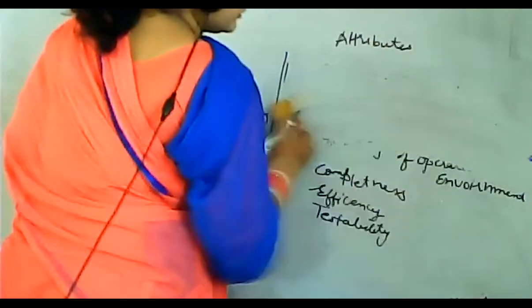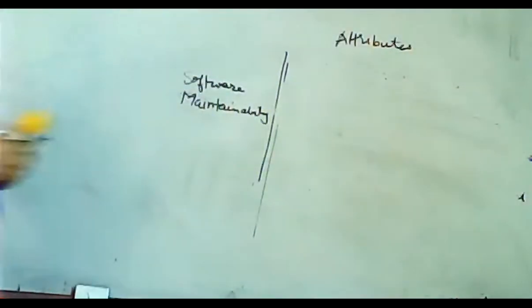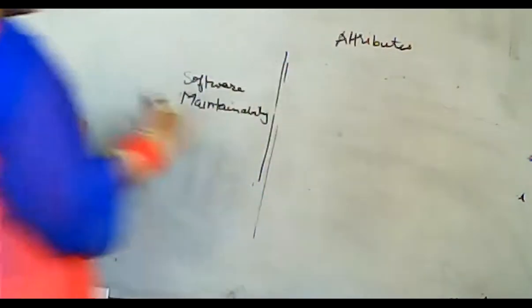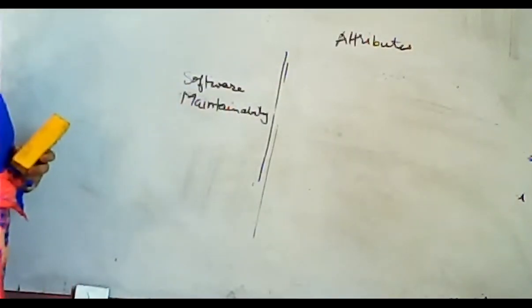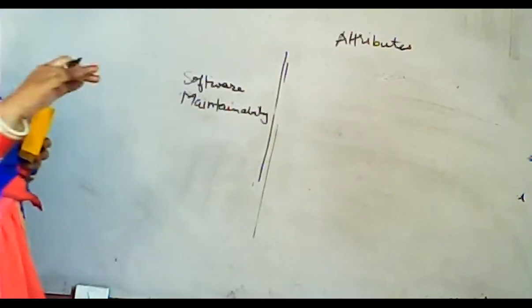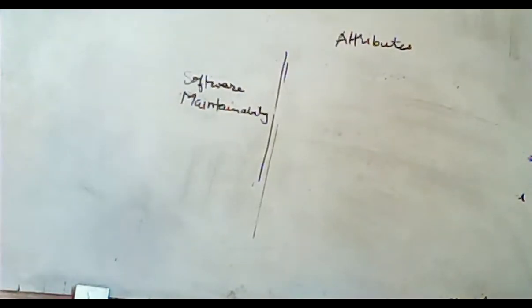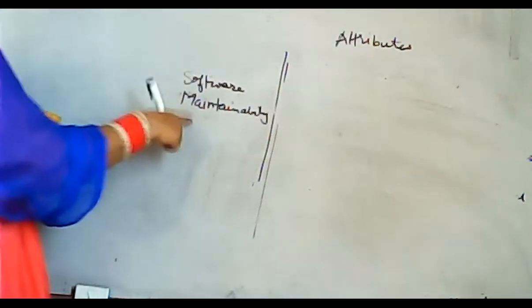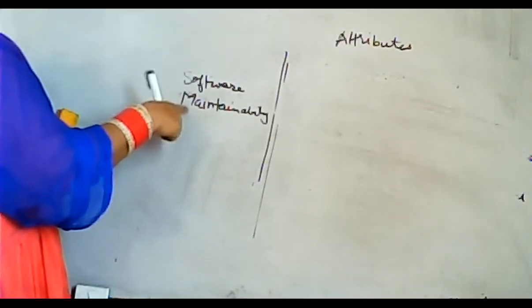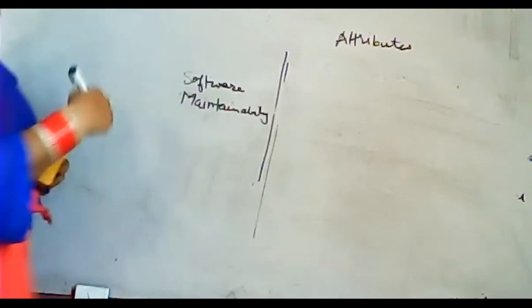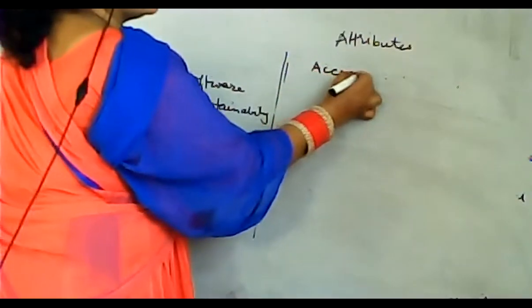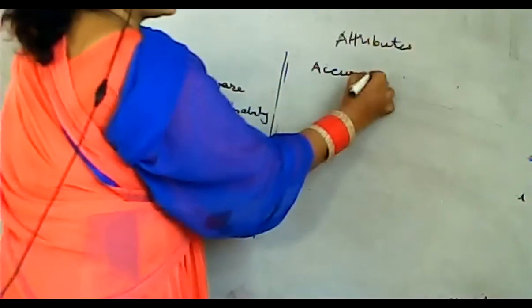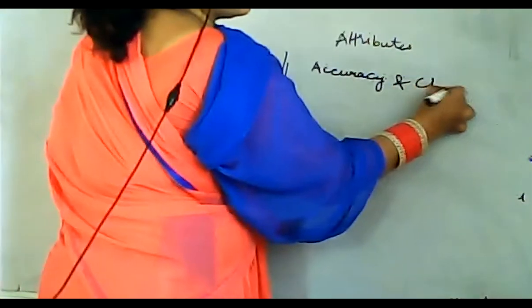It includes the attributes like first is accuracy and clarity of documentation because we are to maintain that software. So we should have the documentation of the software that was developed 10 years ago or 15 years ago or 20 years ago or 5 years ago. Because software can only be maintained if we have a software as well as its documentation, and documentation should be accurate.